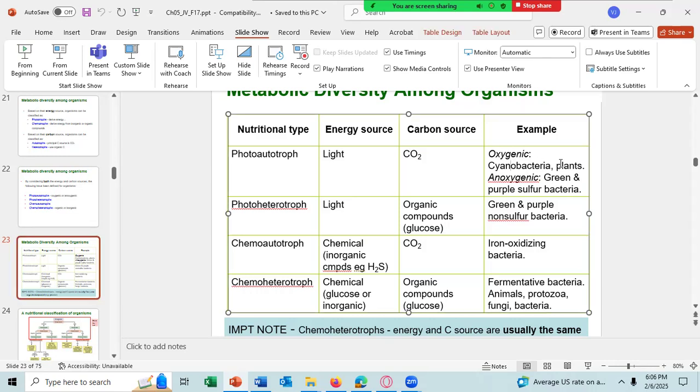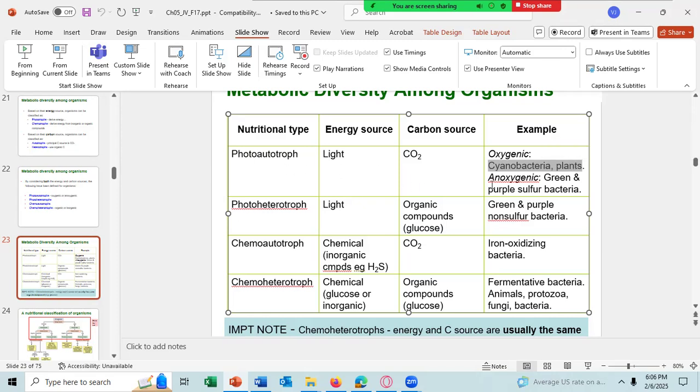These are organisms which make oxygen, so you can call them oxygenic, meaning this photosynthesis in green plants and cyanobacteria can take light and CO2 and make essentially glucose, obviously with ATP and NADPH, which can then be used to make the glucose. The point is they make oxygen. So cyanobacteria and plants are oxygenic photoautotrophs.